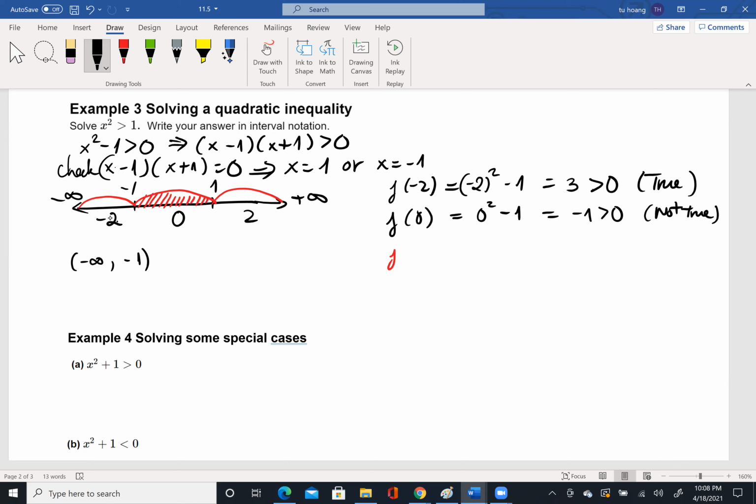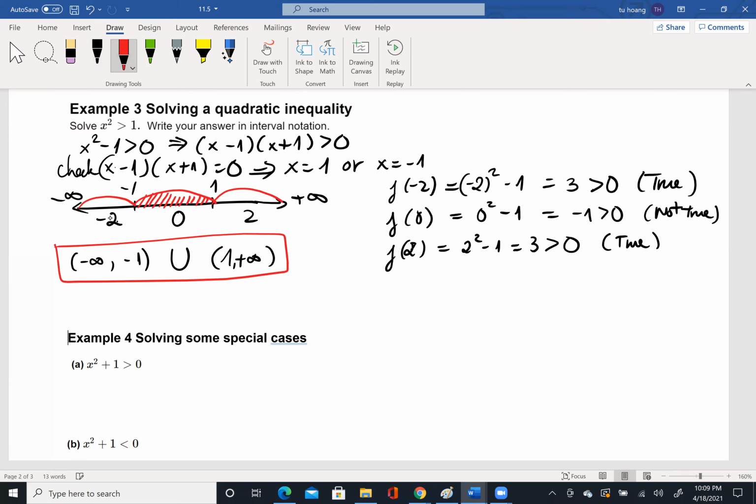And then I check the last interval with f of 2 equal to 2 squared minus 1, and that's also equal to 3, which is greater than 0, and say true. And since it's true, then this interval is from 1 to positive infinity, and a union to this interval. And if the question says write the answer in interval notation, then this is going to be the answer. Right?